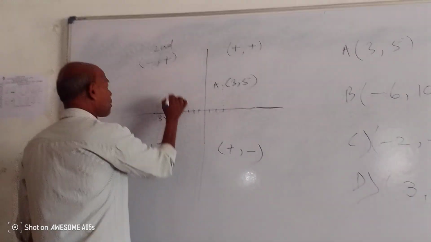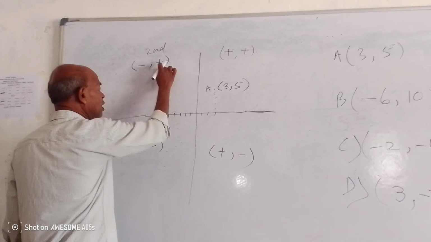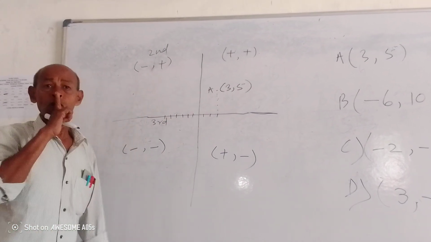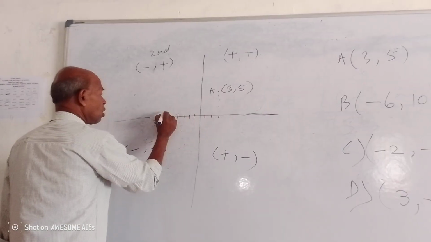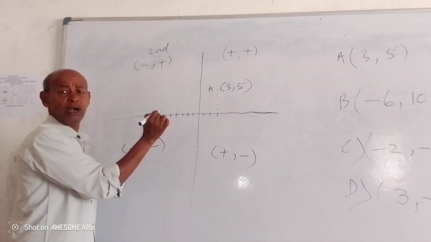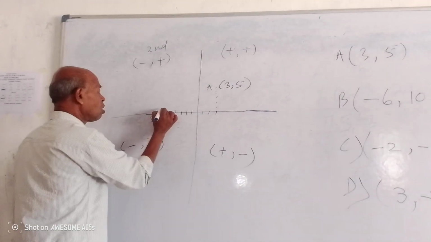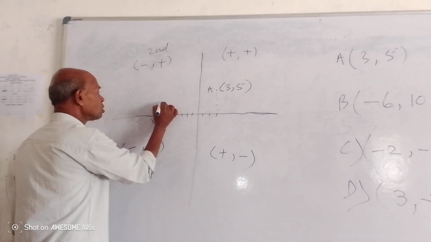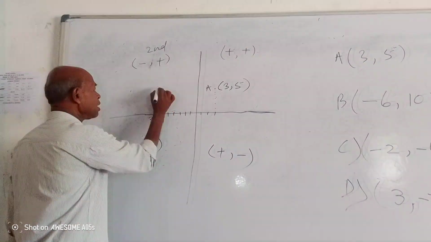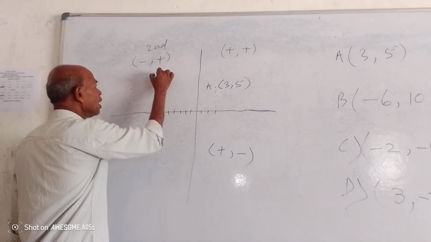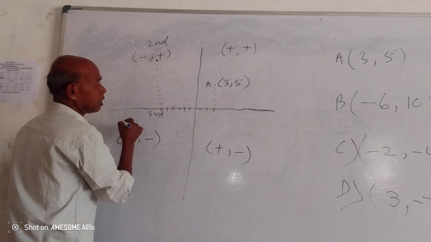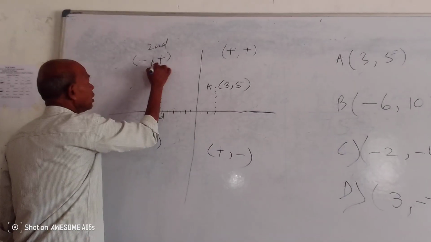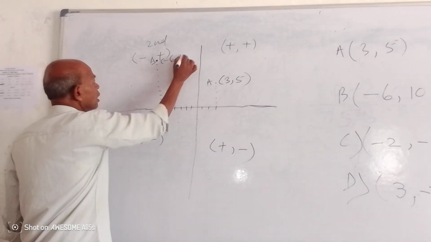Similarly, in your graph paper, you have to go for 10 divisions, each unit having the same length: 1, 2, 3, 4, 5, 6, 7, 8, 9, 10. Suppose this is your 10. So this point is your B, (-6, 10).